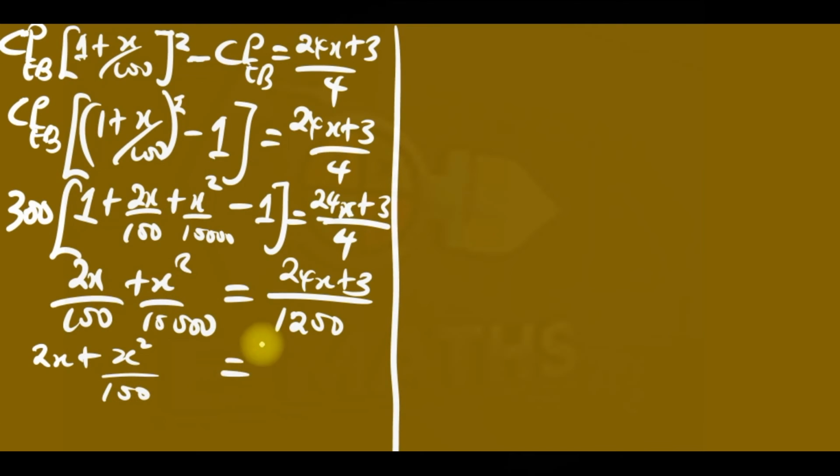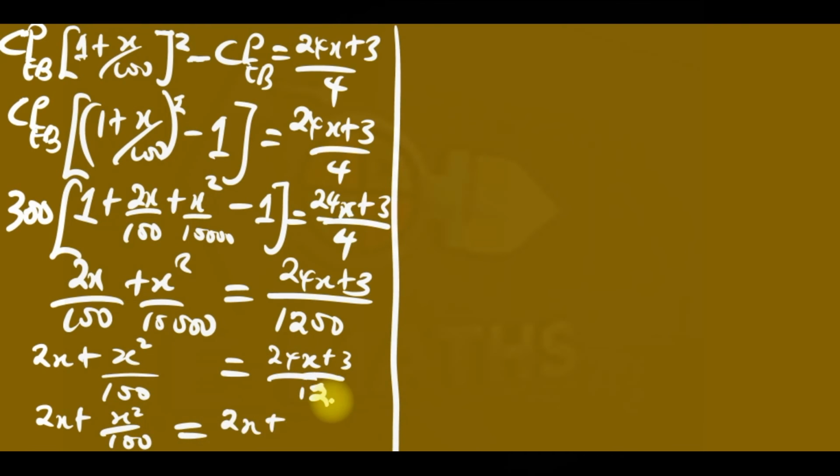I multiply both sides by 100, so we have 2x plus x squared over 100 equal to (24x + 3) over 12. If you look at this, 2x plus x squared over 100: 2x compares with 24x over 12, which is 2x, while the other part compares with 3 over 12, which is 1 over 4. So comparing, x squared over 100 is 1 over 4.